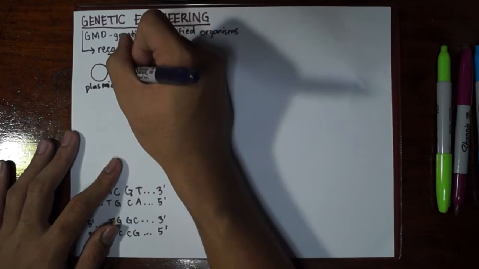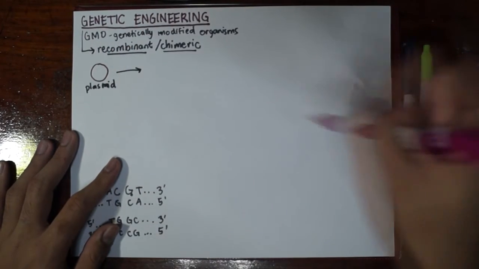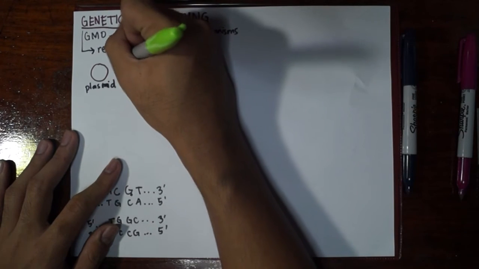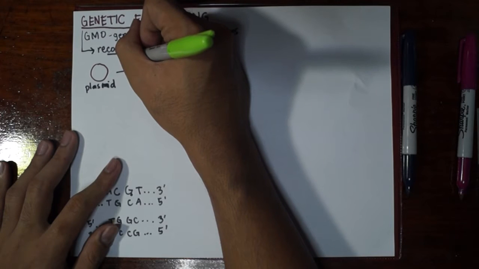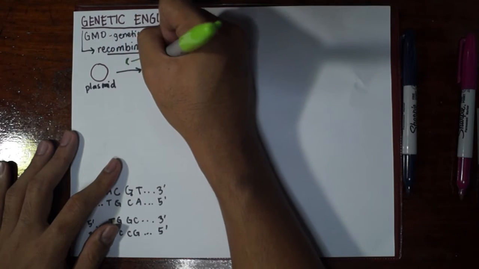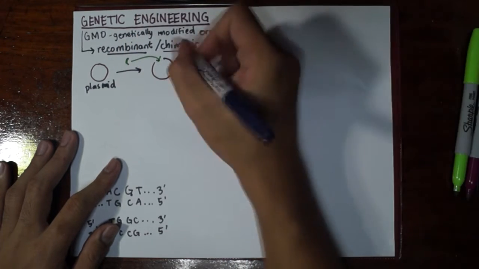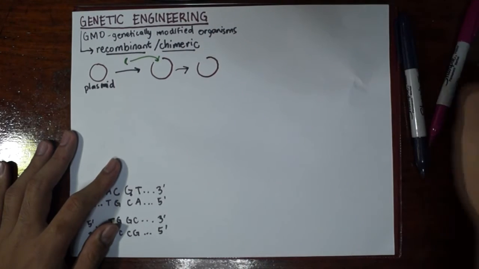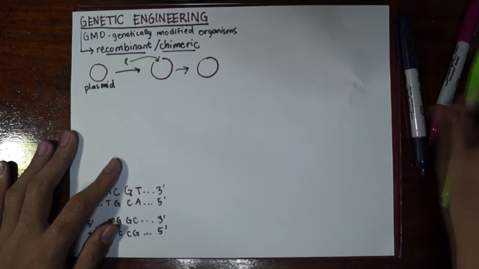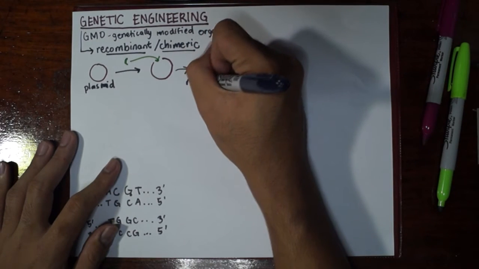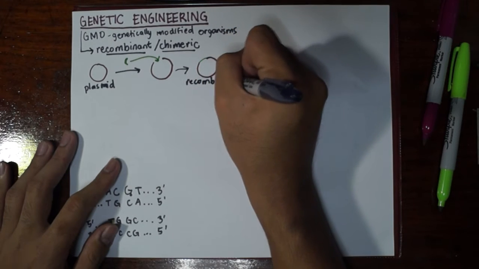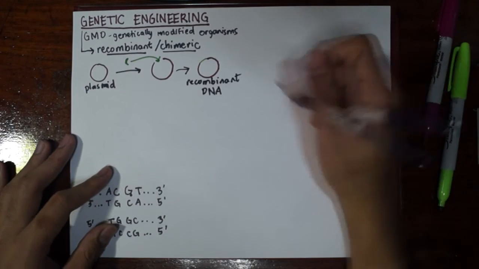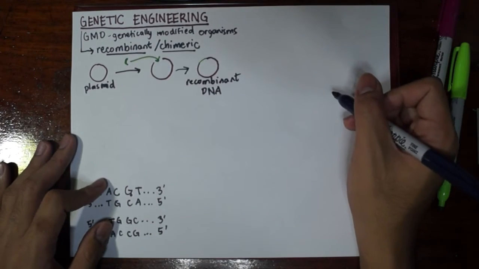In a nutshell, what you do is that you open up a plasmid, you cut it at a particular portion, you put a particular gene, let's draw it in green, you isolate this one, you insert it, and then after that you now have this one, which is the recombinant DNA. So I'm just going to discuss very briefly how this happens.